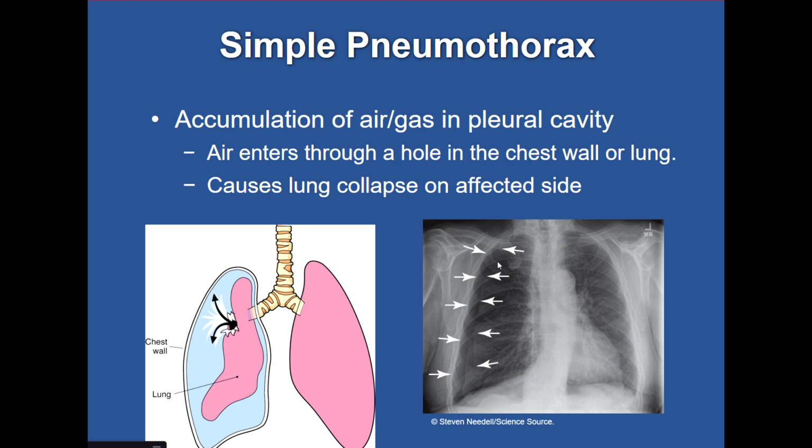So you can actually see where my mouse is. This is the lining of the actual lung. And where these arrows are is actually the lining of the cavity, and everything in between is where air is filling up. Where on this side, you really can't see that gap between the cavity and the lung itself.